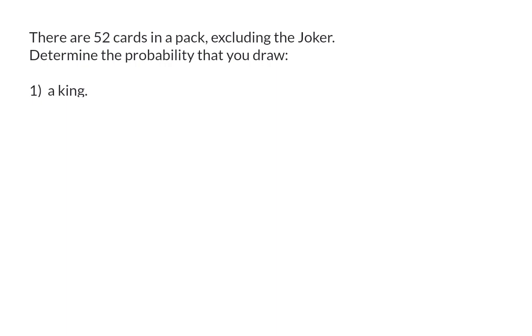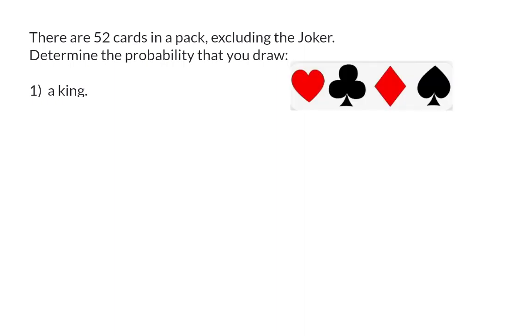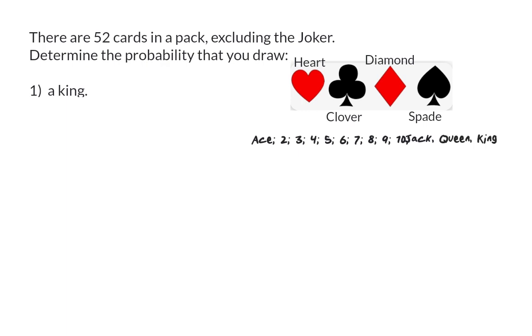There are 52 cards in a pack, excluding the joker. Determine the probability that you draw a king. In a pack or deck of cards, we have 4 different suits. We have the heart, diamond, clover, and spade. Each suit starts with an ace, then the numbers 2 up to 10, and after 10 we have the jack, queen, and king.